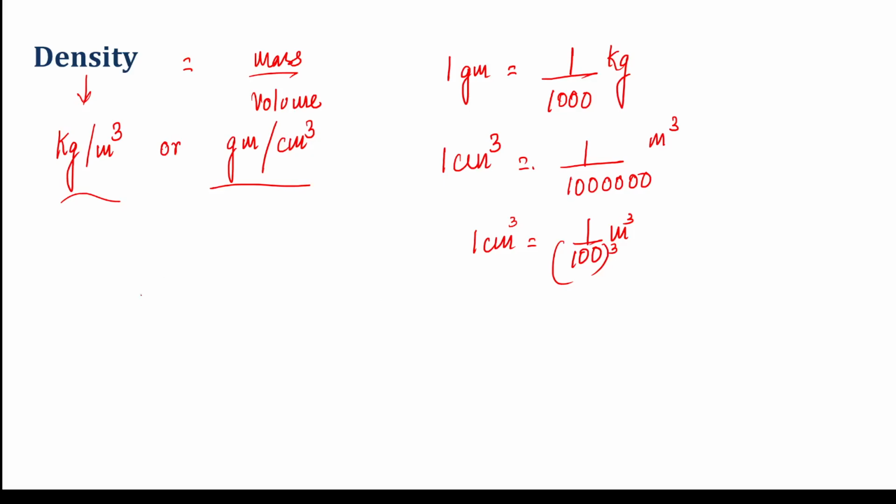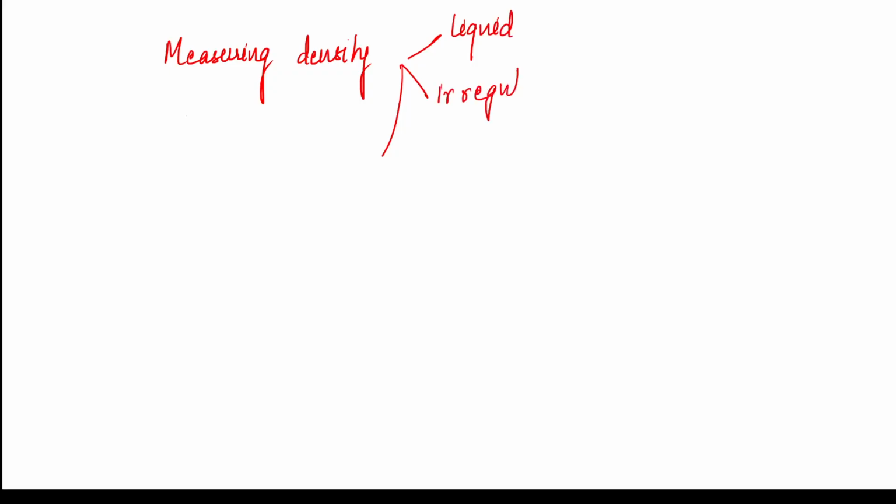Now what you need to know apart from this equation for density is the practicals, measuring density for 3 types of things. One is liquid, another is irregular solid, the solid whose sides you cannot measure using a ruler, and the other one is regular solid, the one which is like a perfect cube whose sides you can measure with a ruler.